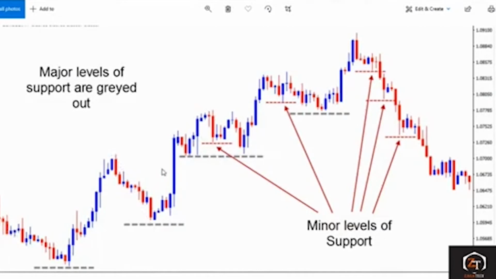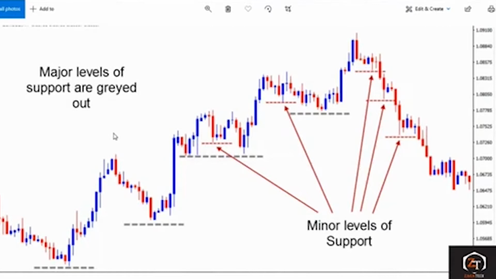Let's assume you threw a ball up, and the ball bounces on the floor, goes up again, bounces again on the floor. So understand support is more like a floor where the market tends to hit and repel. That is major support or minor support. But basically we are looking towards the major support when trading forex.